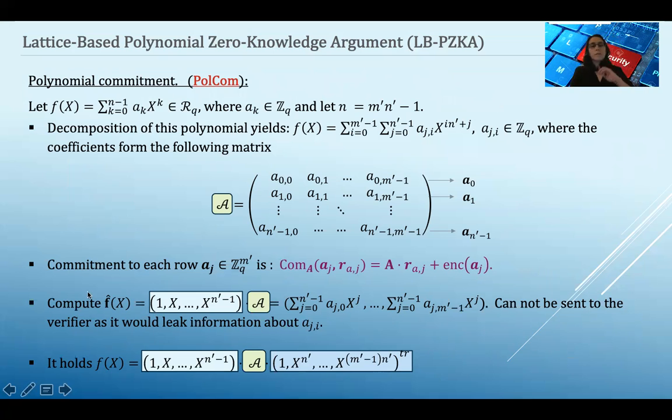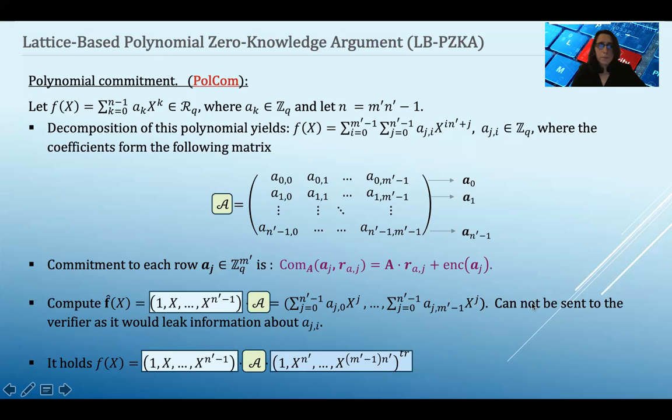Then, in order to compute the polynomial, we need first to compute a polynomial vector f hat, and this is the multiplication of the matrix A by the vector of powers of x. This will be multiplied by the matrix A from the left.